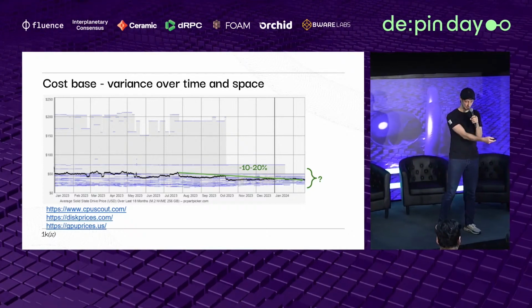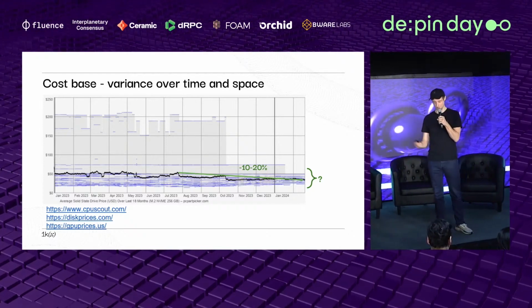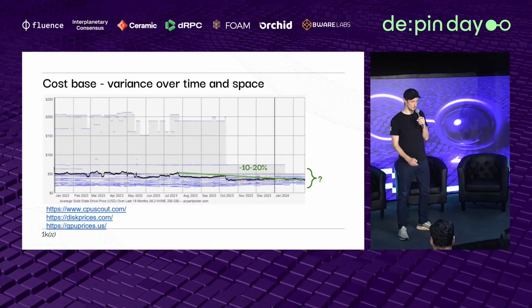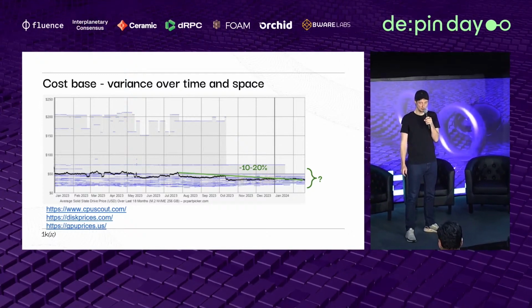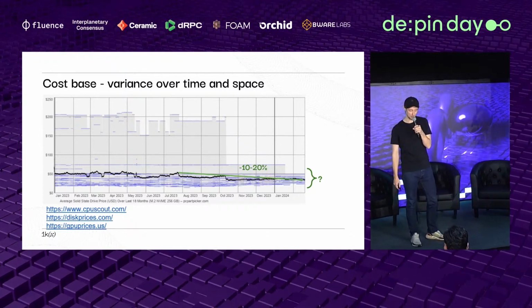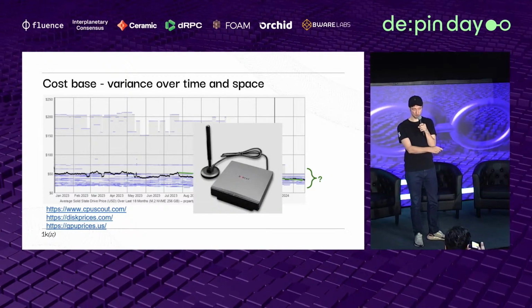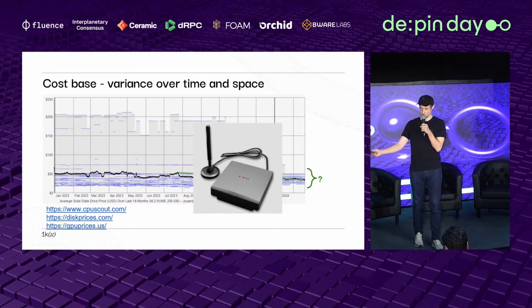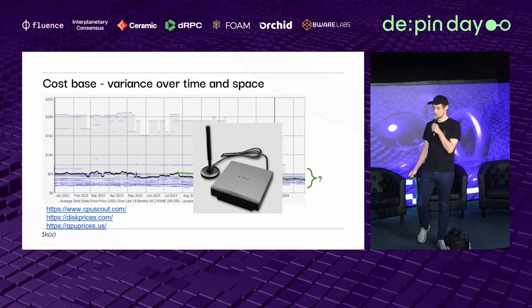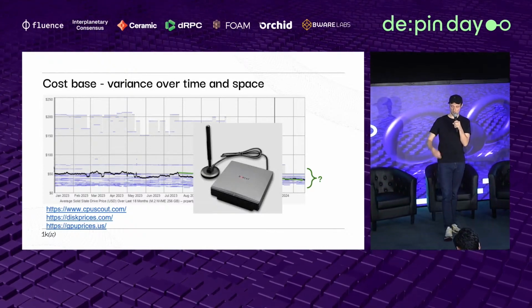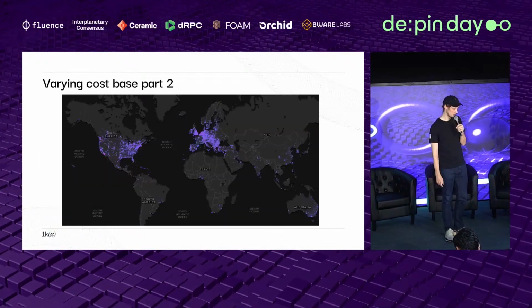And this is for storage, but I guess you guys know the same is true for CPU, GPU, all sorts of other things, that you have this variance in what it actually costs to provide certain hardware. And this also applies not just to server types, but also to these Bobcat Helium hotspots, right? They also came down quite a bit compared to what they used to cost.